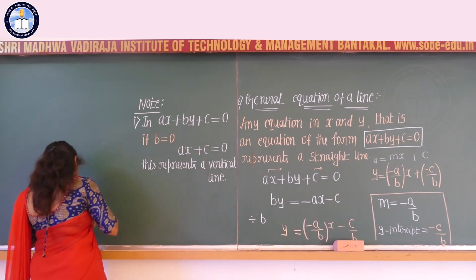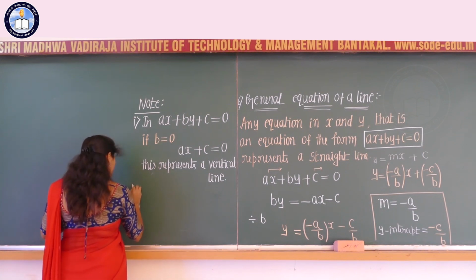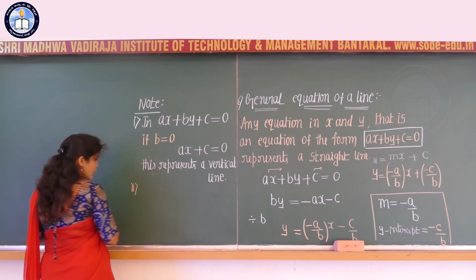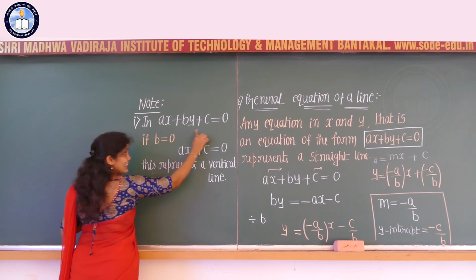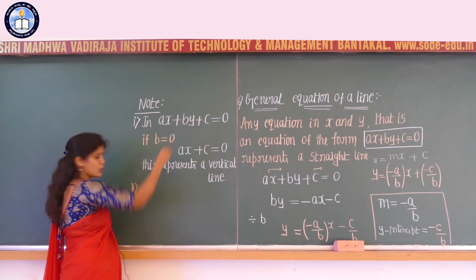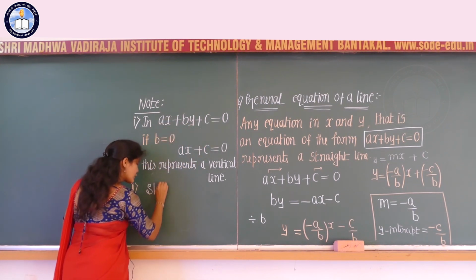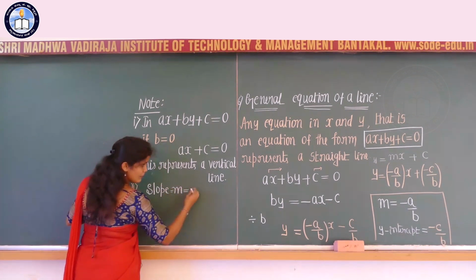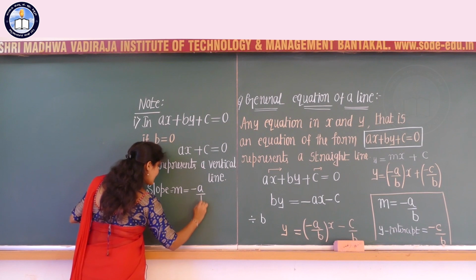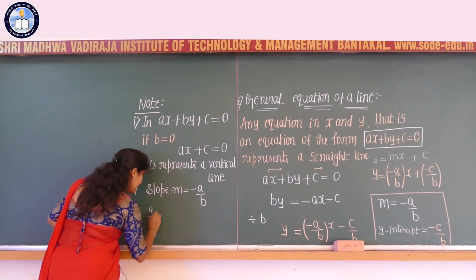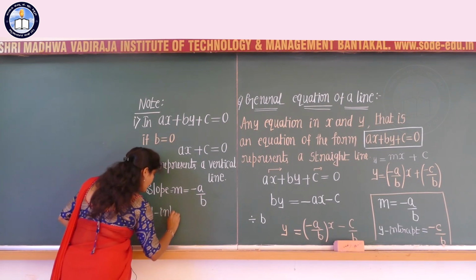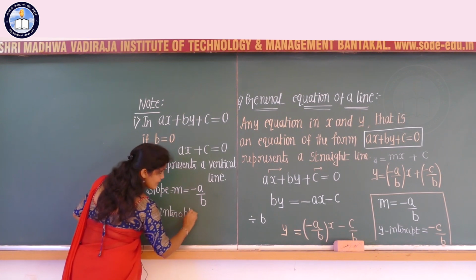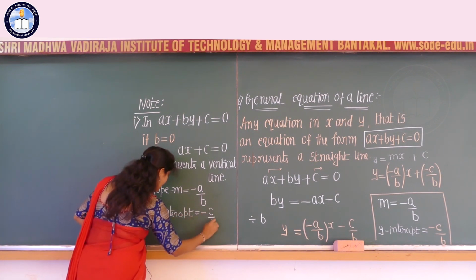And the second point is the slope of the straight line. If the given line is ax plus by plus c equal to 0, then the slope m is given by the formula minus a divided by b, and the y-intercept is given by the formula minus c divided by b.